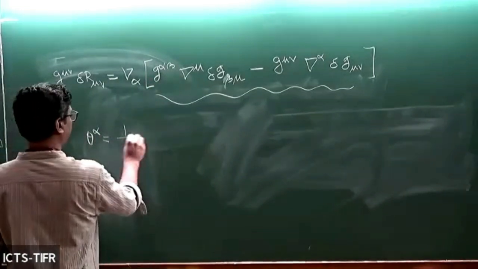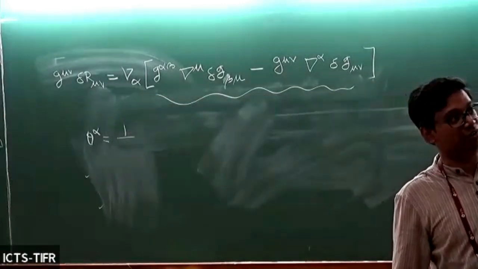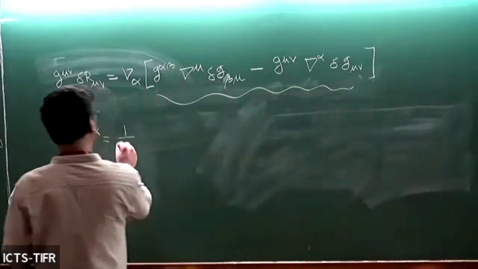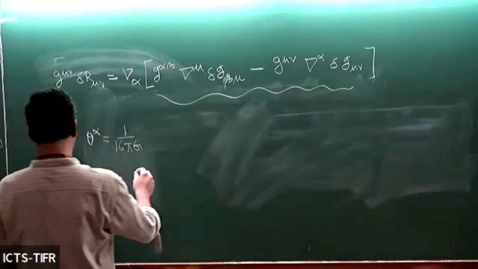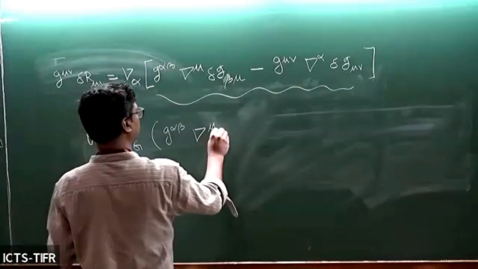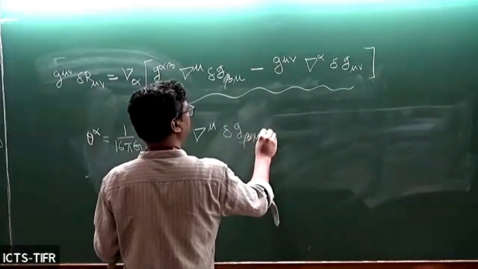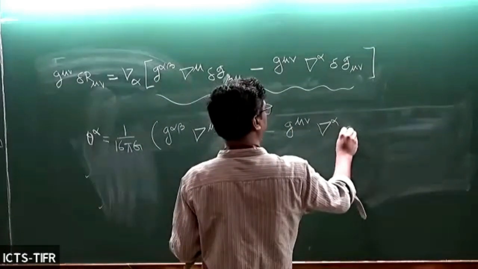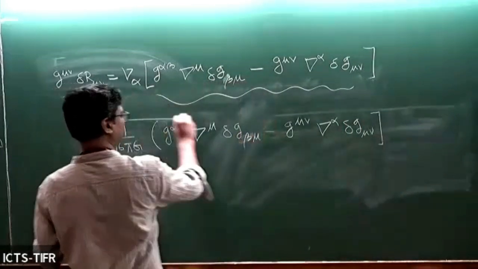And remember that there is a 16 pi G on that side, which I set into the action side and bring it down. 16 pi G. Okay, I will call it g alpha beta del mu delta g beta mu minus E mu nu. Okay, remember this. This is an important equation.